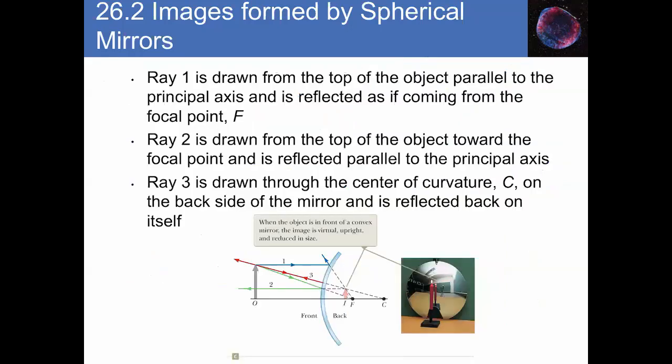All right. So again, this is how you would draw the ray diagrams. It's a little bit more difficult to visualize the diagram for the convex mirror, but remember, more or less, you're assuming that after hitting the surface of the mirror, those rays 1, 2, and 3 diverge away. So in order for us to go to the point F, C, they have to virtually go to that point, right?